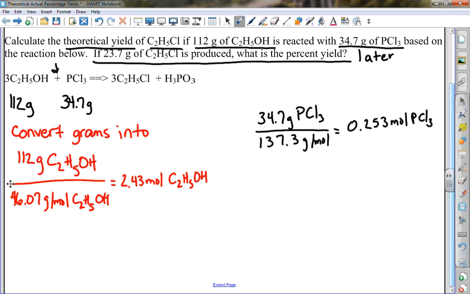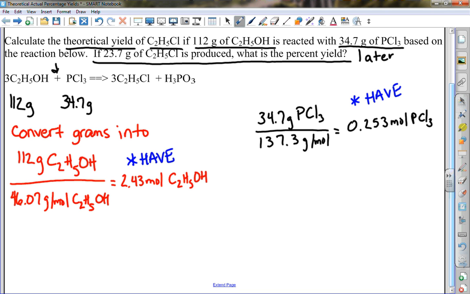Now remember, this is how much we have of PCl3, and just like over here, this is how much we have of ethanol, C2H5OH.